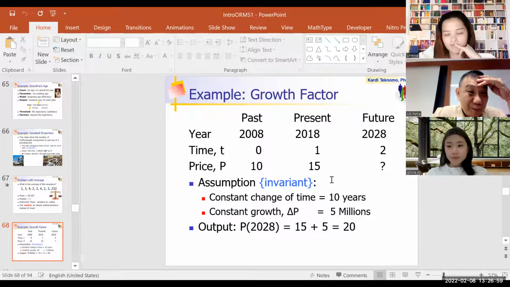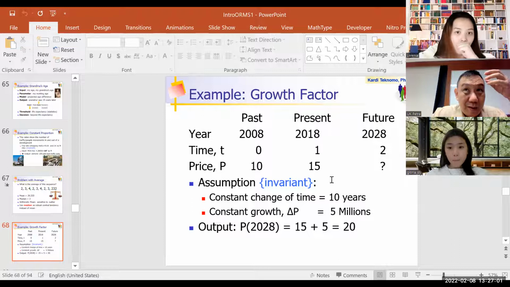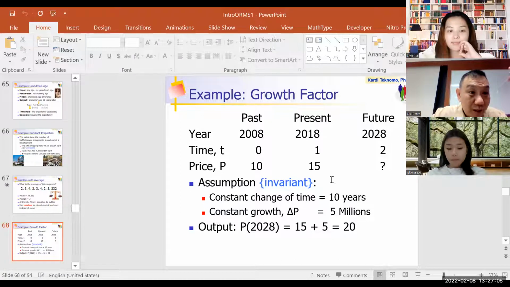So you dare to assume. In modeling, you dare to assume. But you also remember that the assumption is the one that makes your model vulnerable. The weak point of the model is actually the assumption itself.